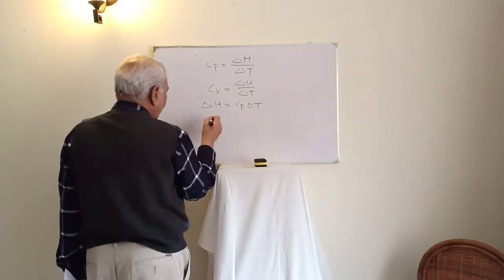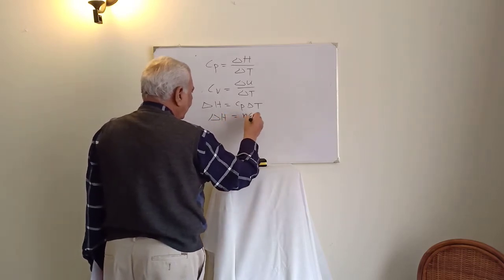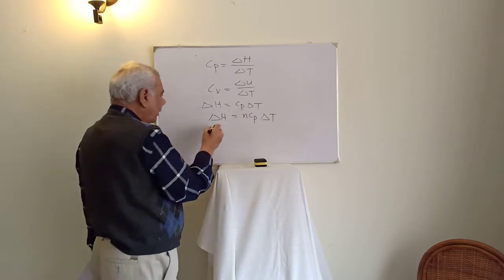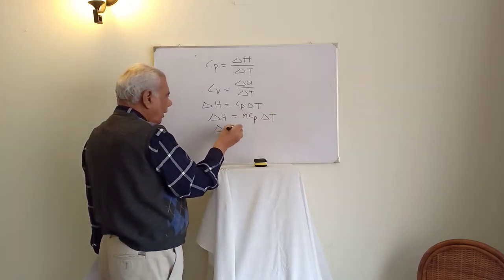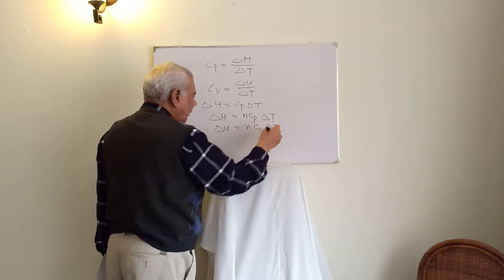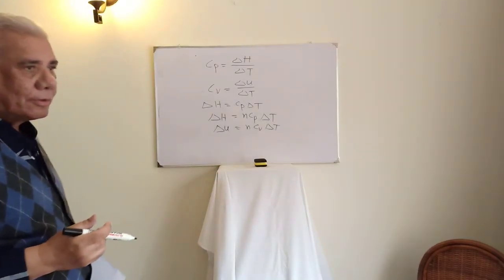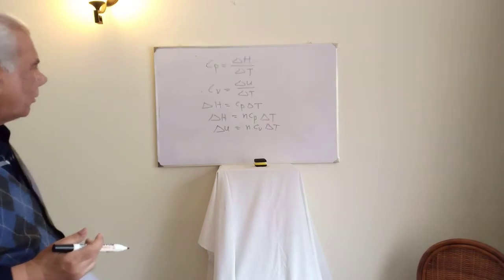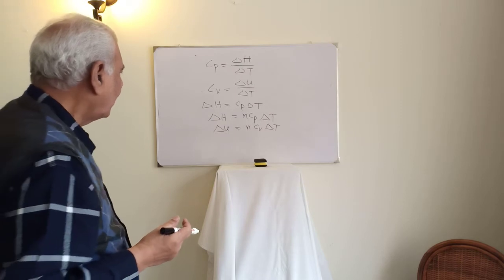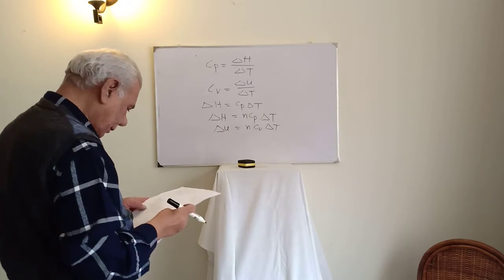So if you have n moles, you have to multiply by n Cp delta T. Similarly, delta U you can write n Cv delta T. Right. So by these two equations, we can calculate the enthalpy change and the internal energy change. Okay.